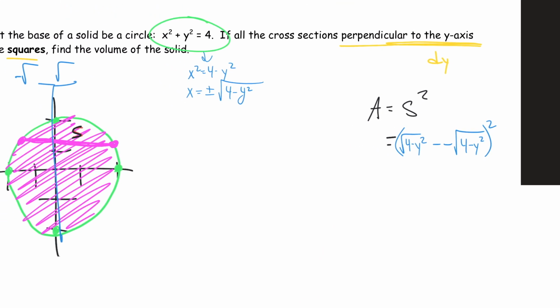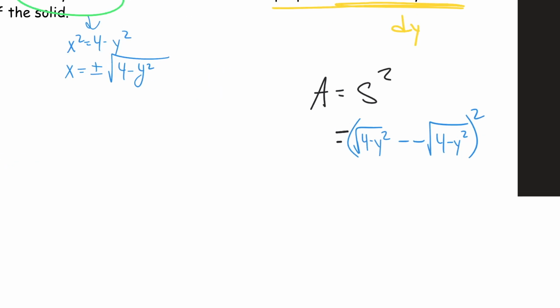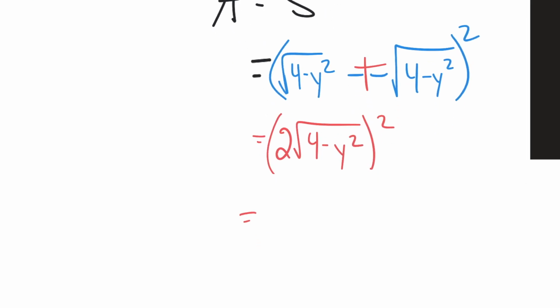We've got the right minus the left, because if we turned our paper to the left, we would have that positive side minus the negative side. And so let's simplify this here. That would become a plus in the middle. So now I really have just 2 times the square root of 4 minus y squared, and that's going to become 4 times 4 minus y squared, no square root.